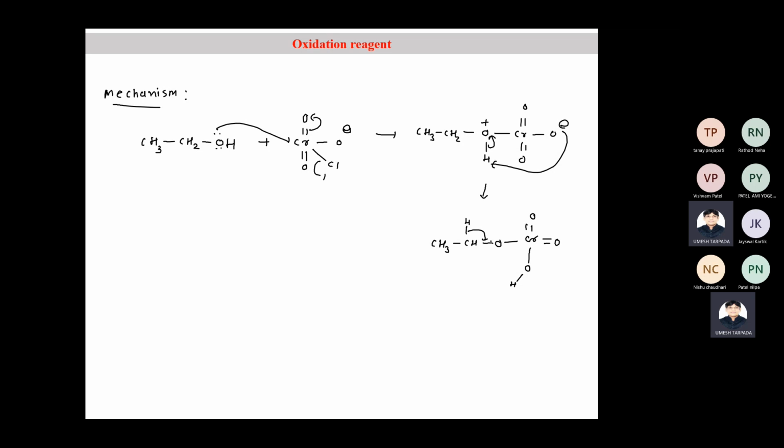This is converted to aldehyde. This now comes to here. So ultimately you are getting CH3COOH plus Cr double bond O, OH, OH.